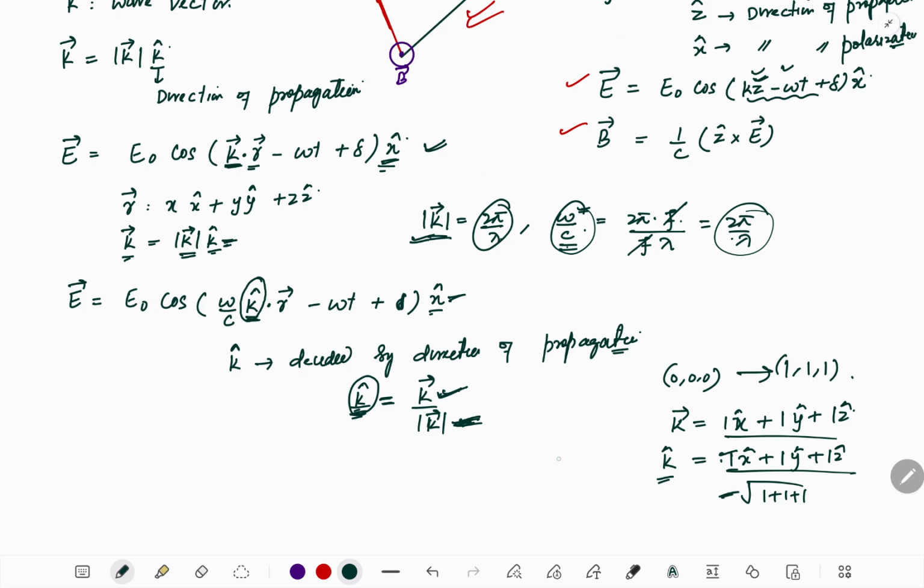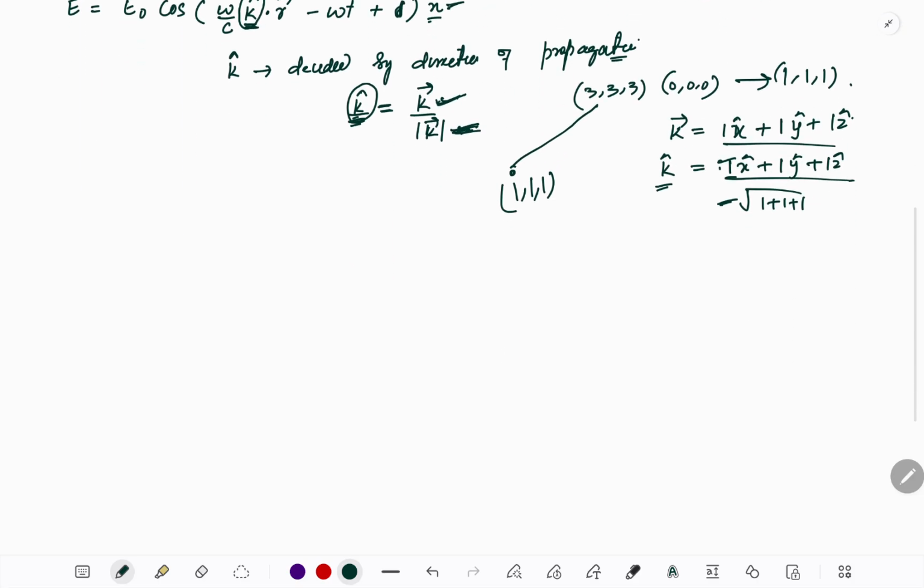Let's assume the question says the wave is traveling from 1 1 1 to 3 3 3, some arbitrary direction. Then how to find the k cap? 3 minus 1 is 2, so the given vector is 2 i cap plus 2 j cap plus 2 k cap.